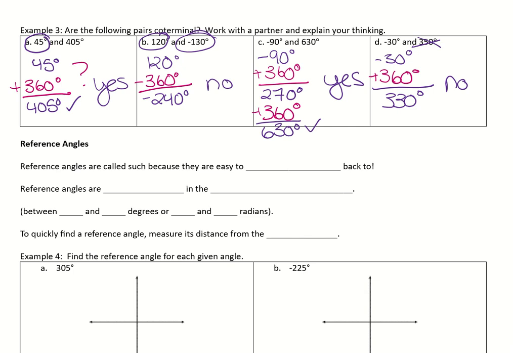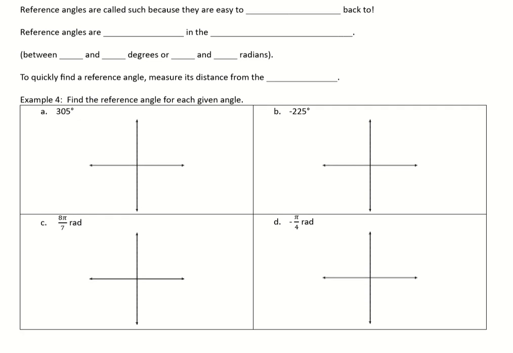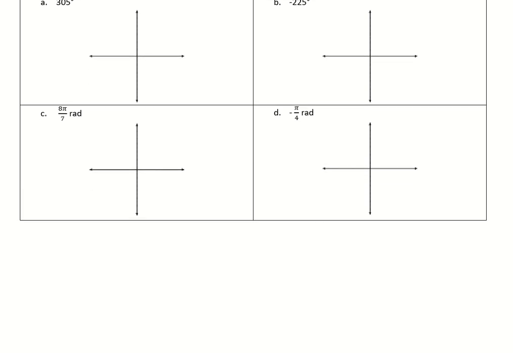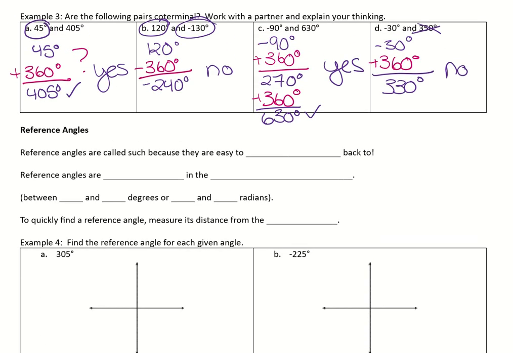Okay. So the last type of angle we're going to talk about today is called a reference angle. And you can see we're already pretty close to the finish line. A reference angle is an angle that we refer to. They're easy to refer to. Reference, refer. So reference angles are always in the first quadrant.